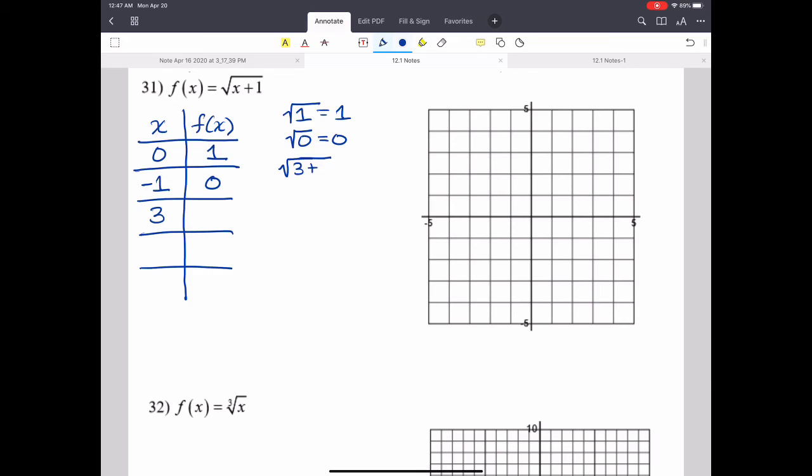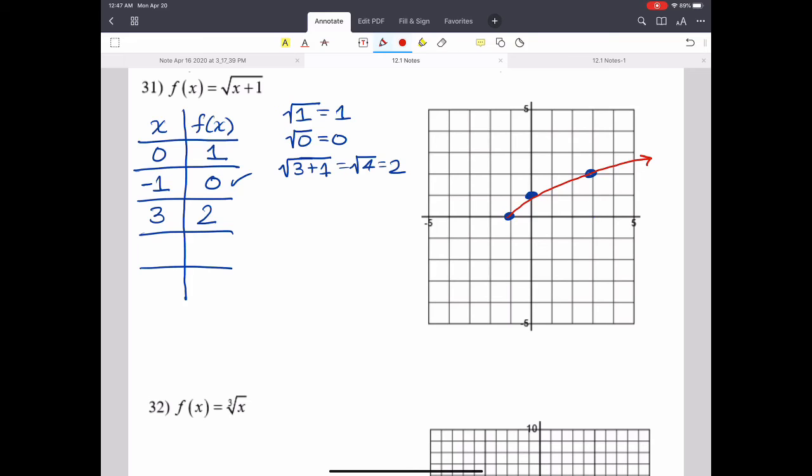Well, then I can do 3 plus 1, which is square root of 4. And square root of 4 is 2. So you get 3 and 2. Stop there. Now if I graph that, I'm going to graph this point first. So -1, 0 is right there. All right, 0, 1 is right there. And then 3, 2 is right there.